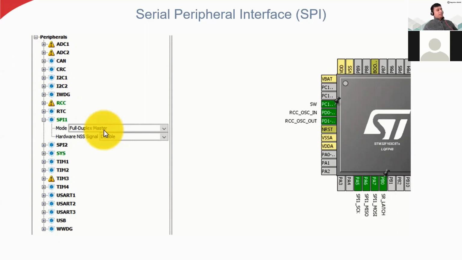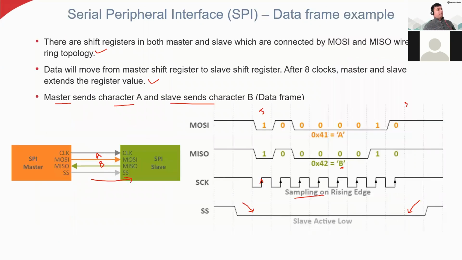Even in half duplex, both master and slave can communicate or transfer the data, but maybe not at the same time, only one at a time. But here we have a dedicated wire for master to slave and a dedicated wire for slave to master. So master can send A, and at the same time the slave can also send data to master.